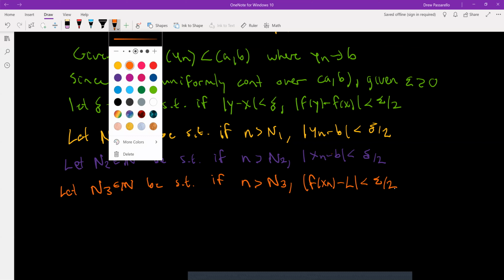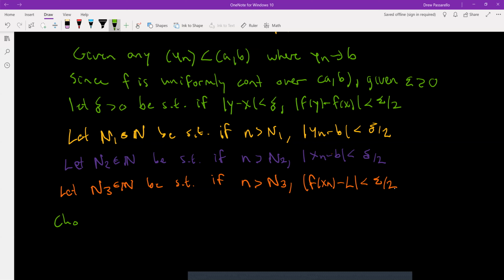So choose capital N to be the max of n1, n2, and n3.